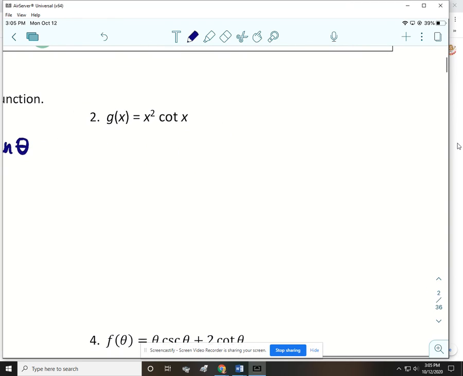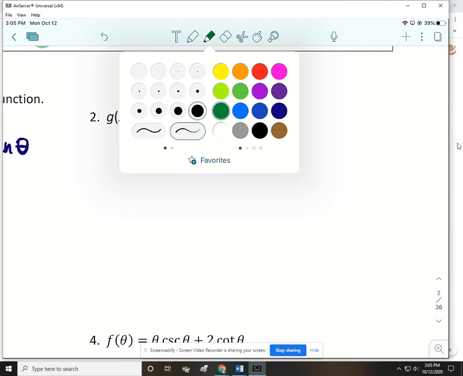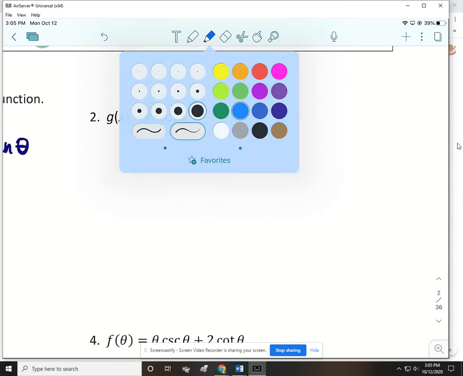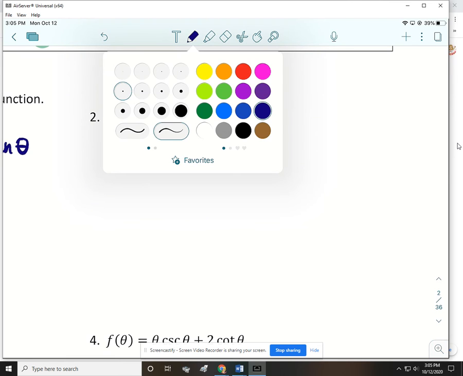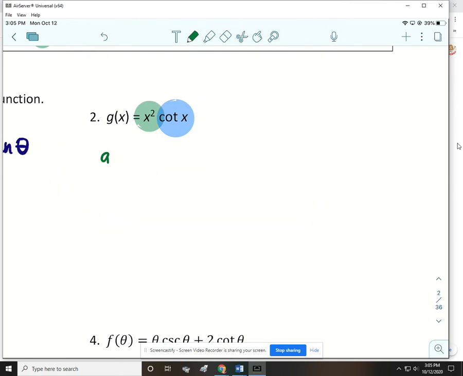Okay, let's look at 2. For 2, we're going to have to do the product rule because we are multiplying two functions together. So when I find the derivative of g of x, I'm going to leave the first one alone and then multiply by the derivative of the second.